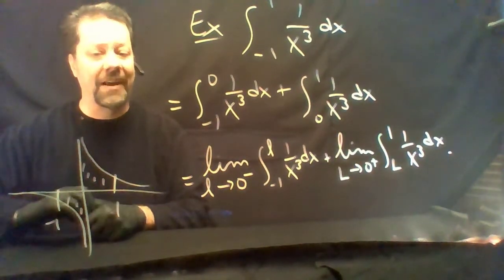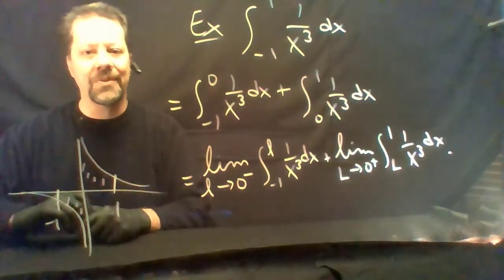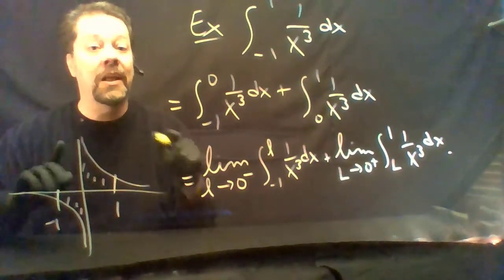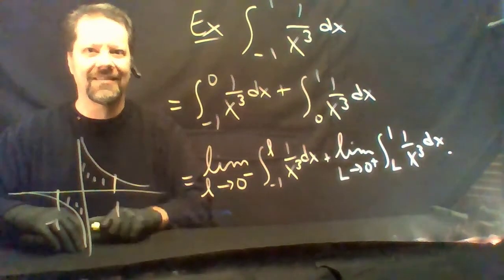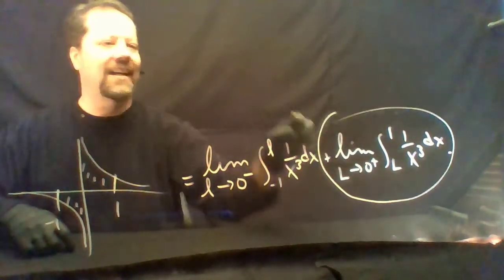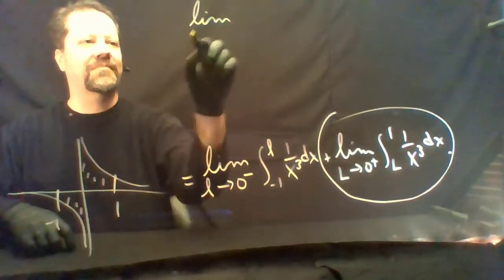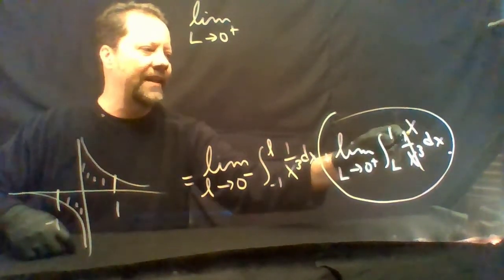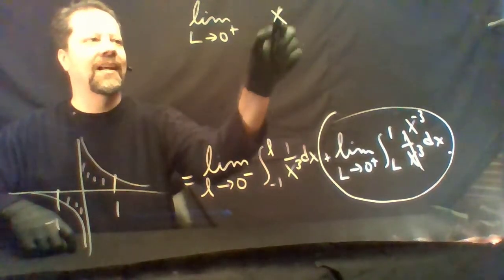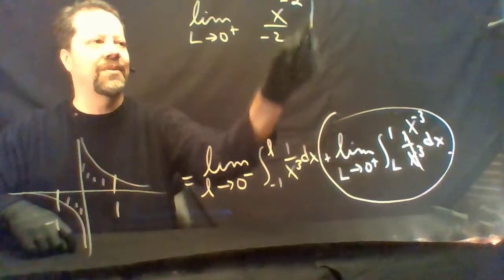We only have to evaluate one of these. If one of them goes to infinity, the whole thing is going to diverge. The other one should go to minus infinity by symmetry. Let's look at the second integral. We'll take the limit as big L goes to 0 from the right. If we're integrating x to the -3, we get x to the -2 divided by -2.